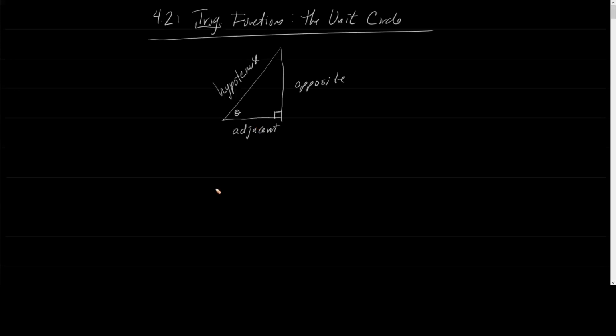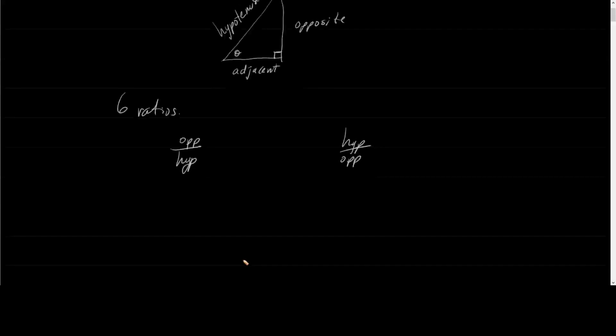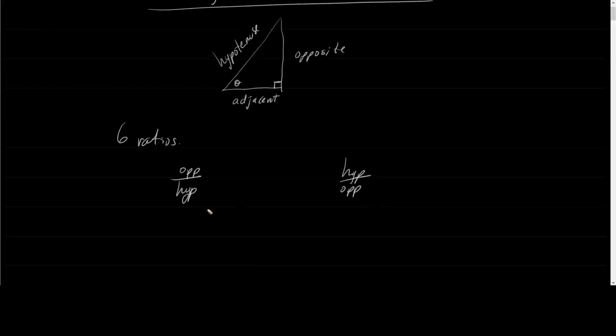Now, there are 6 possible ratios. All right, we can do the opposite over the hypotenuse, and we can do its reciprocal, the hypotenuse over opposite. We can have the adjacent over the hypotenuse.